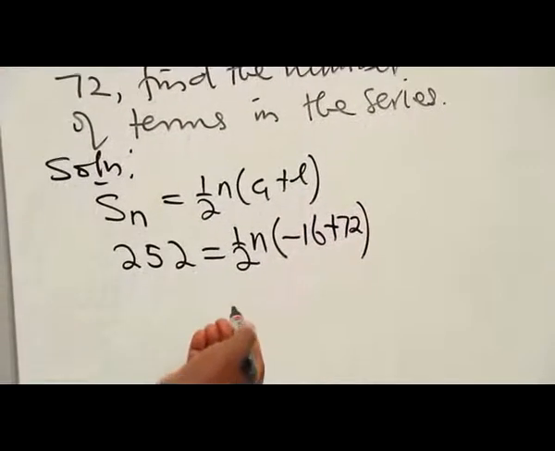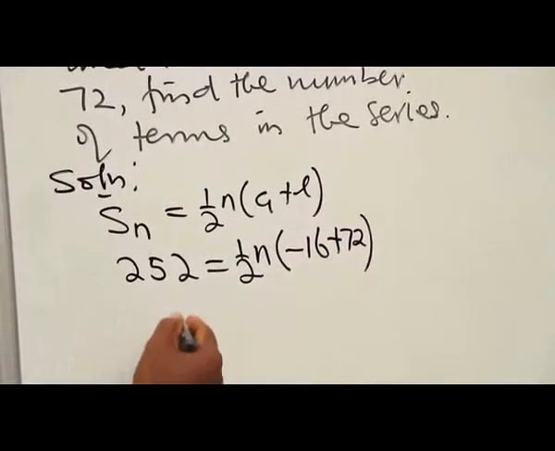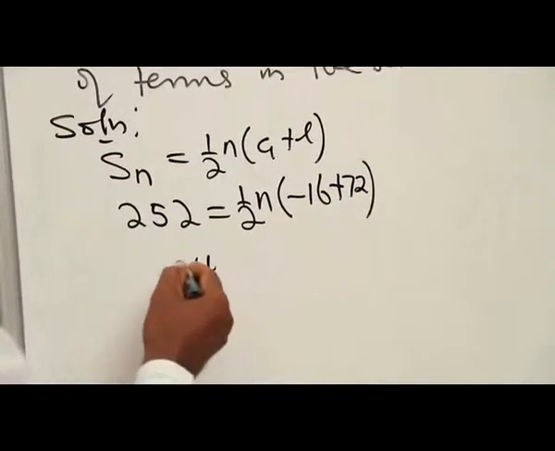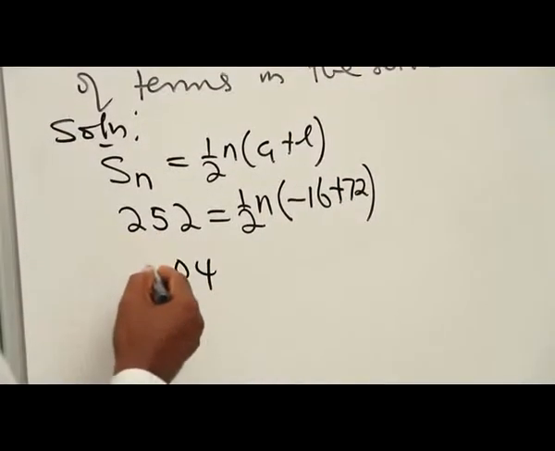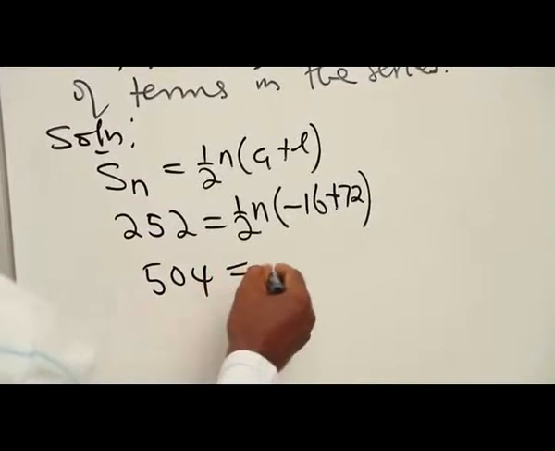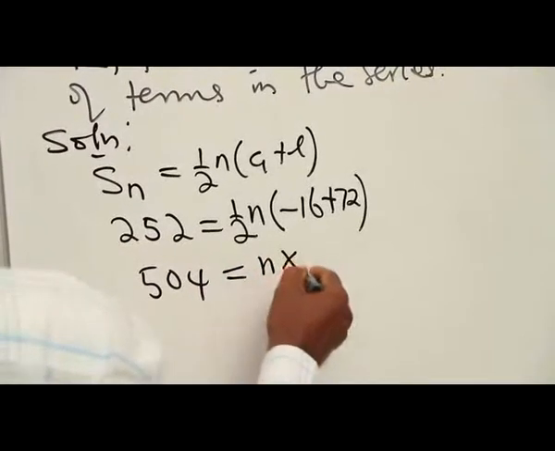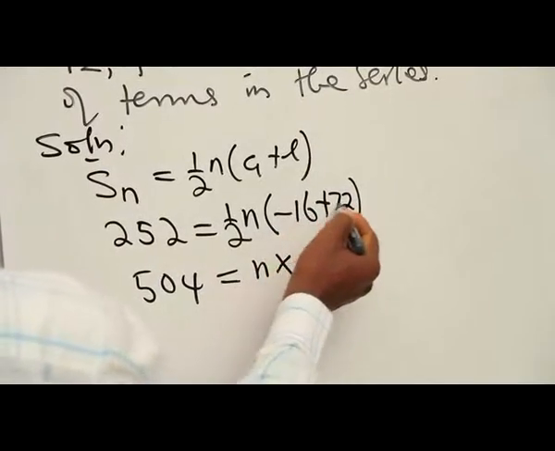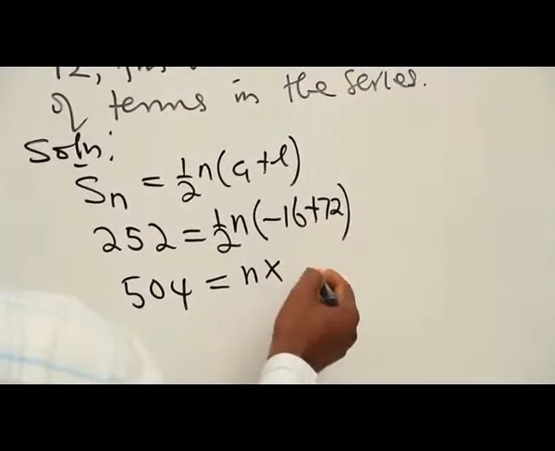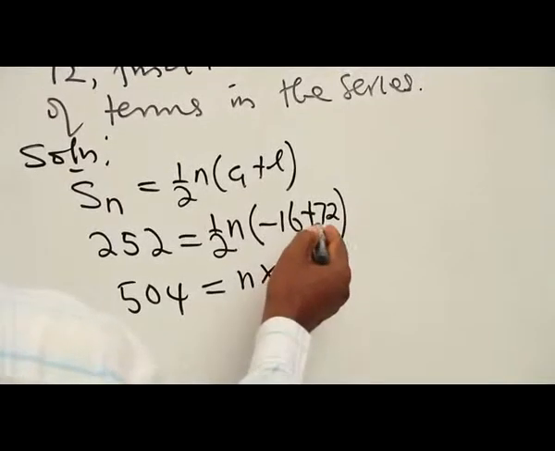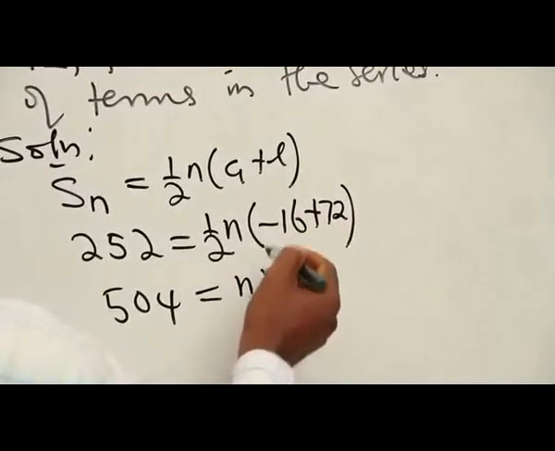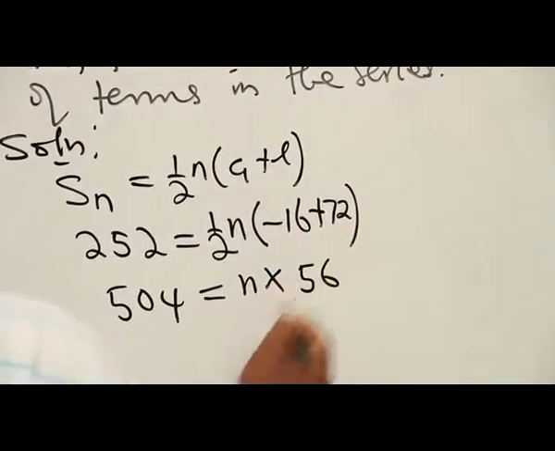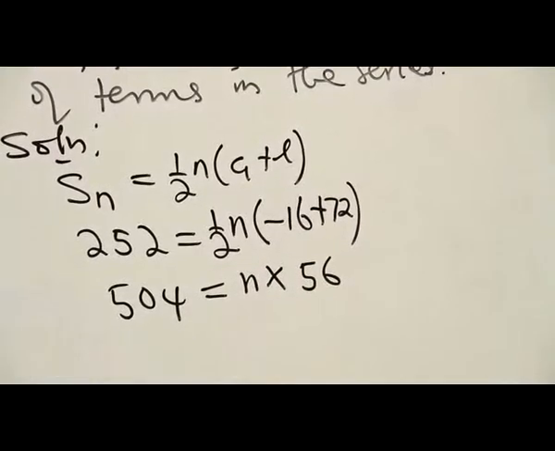Now let's simplify this. You can cross multiply. This gives you 2 times 252, that is 504, equal to n multiplying. Minus 16 plus 72 will give you 56.